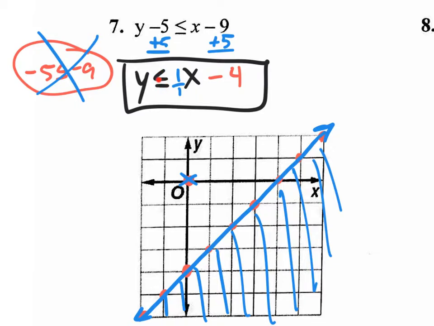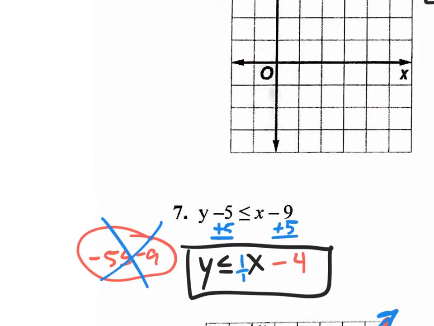Now, let's think about the word less than. Does that mean below? Or does that mean above? Below. It means below. So if you understand when y is by itself, that y has to be below, then your answers have to be below your graph. Does that make sense? Let's go back to the number 5 that we just did.